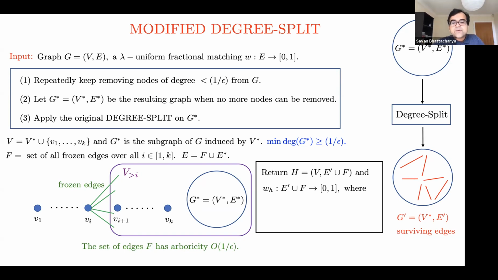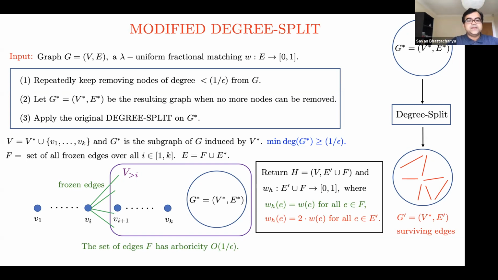And we will return a fractional matching WH, which is defined as follows. The green edges, their weights remain the same as before. That's why we call them frozen, because their weights get frozen. And the red edges, we double their weights just as before. Just as in the original degree split, the output edges of that subroutine double their weights.